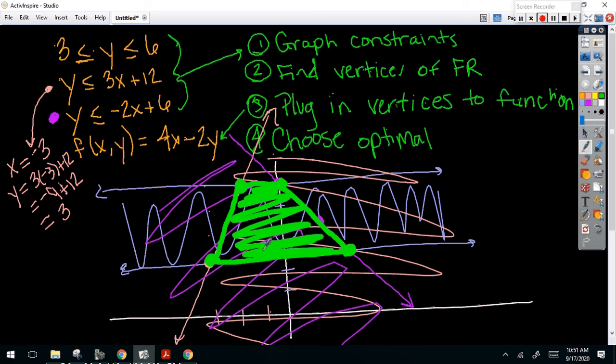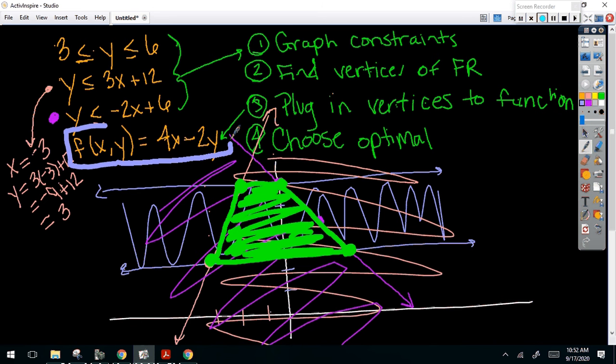Think about this because it will make your life a lot easier: a lot of your constraints in linear programming are going to be x and y constraints, horizontal and vertical lines. So if I think about this point right here, I need the coordinates, an x and a y. I already know one of them just by looking.